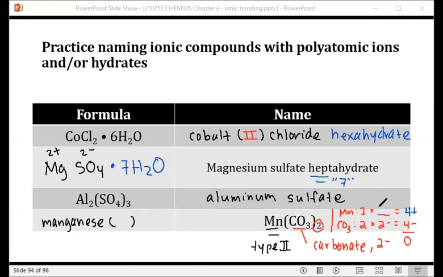And since there's only one of those atoms, that one atom or ion must have a charge of 4 plus. So we're dealing with manganese 4. And then our anion is carbonate. And that's how you write that one.